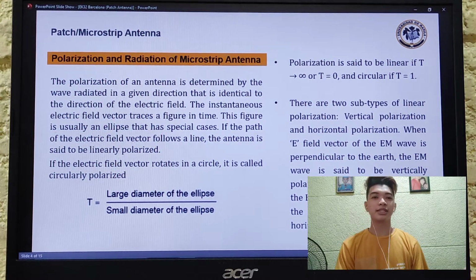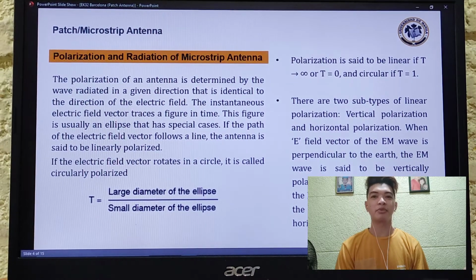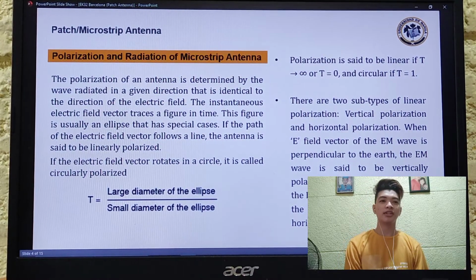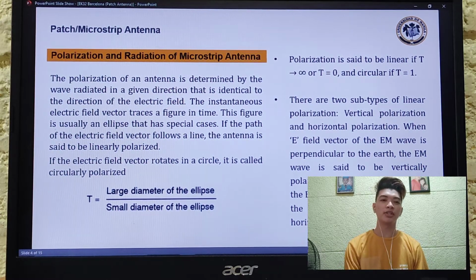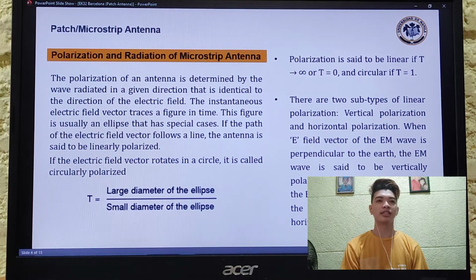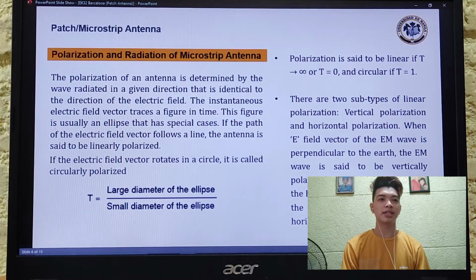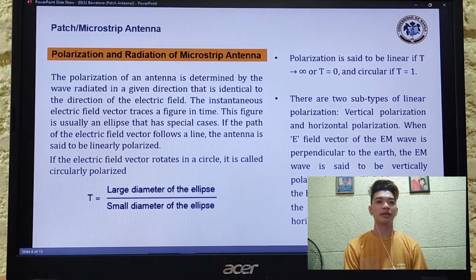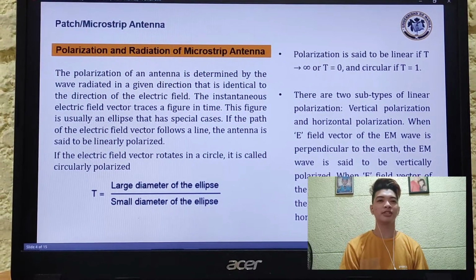So, T is equal to the large diameter of the ellipse over the small diameter of the ellipse. Polarization is said to be linear if T approaches infinity or T is equal to 0, and circular if T is equal to 1. There are two subtypes of linear polarization, the vertical polarization and horizontal polarization.